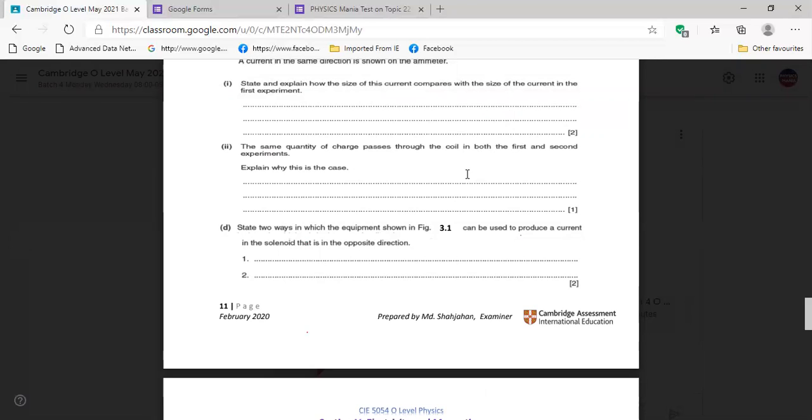So when the time is double, the current was half, right? So the current actually increased. When the time is less, the current will be increased. So the product of current and time is the charge, which is constant. Is it clear? Okay, sir.